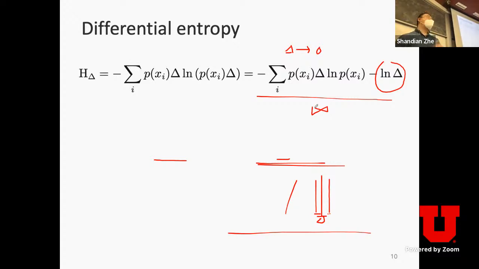Remember, why do we define entropy? We want to measure the difference of random variables in terms of the amount of information they contain, right? If all the continuous random variables give you the same amount of information, which is infinity, what's the meaning of defining entropy?